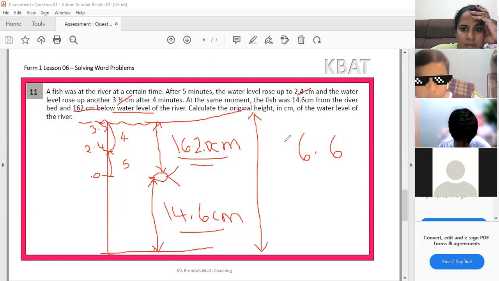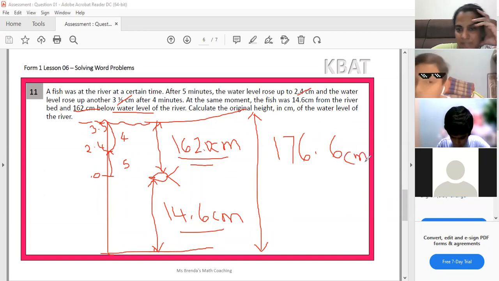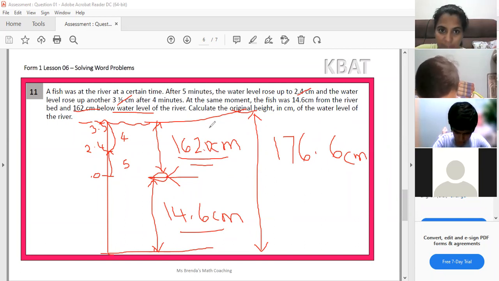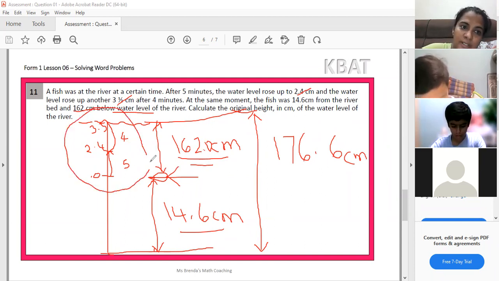This whole thing is 176.6 centimeters, from the top of the river till the base of the river. The fish is in there in the middle, telling us how much is on top and how much is at the bottom. Now this fish is at this position after the water has moved this much.